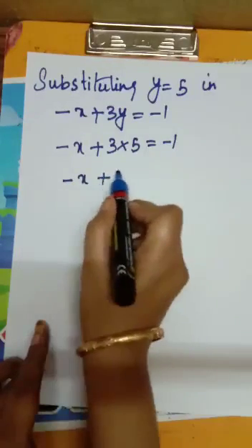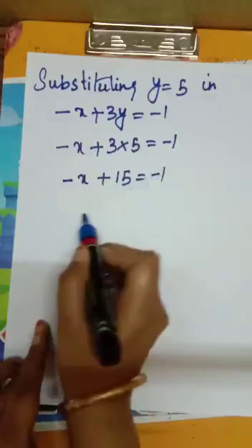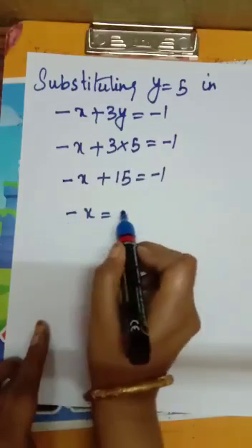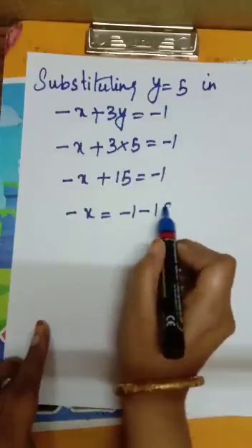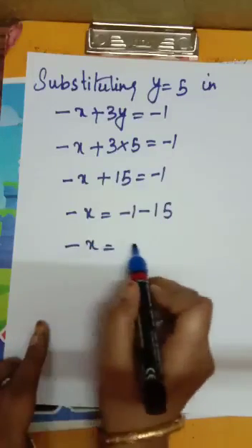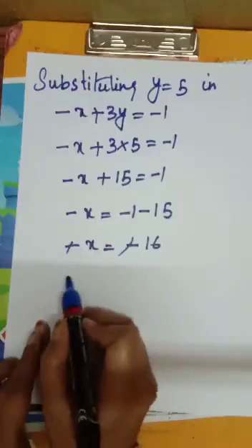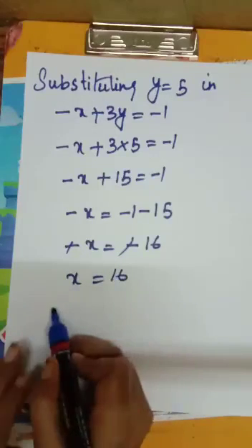Minus x plus 15 is equals to minus 1. Minus x is equals to minus 1 minus 15, minus x is equals to minus 16. Minus minus cancel. So x is equals to 16.